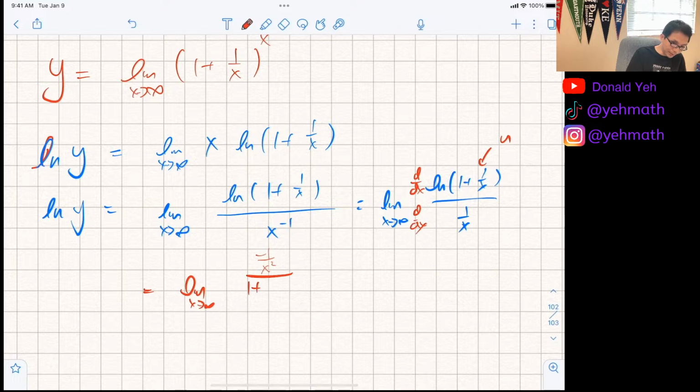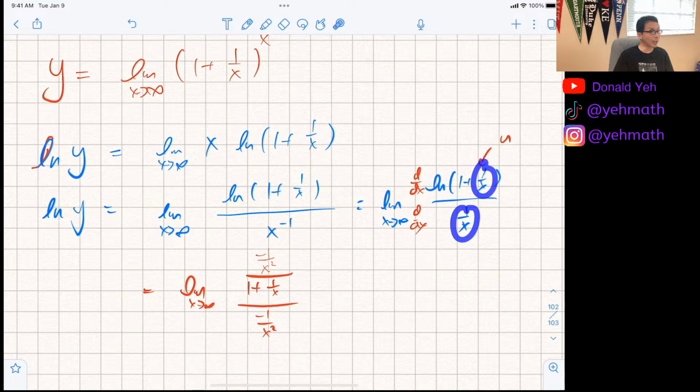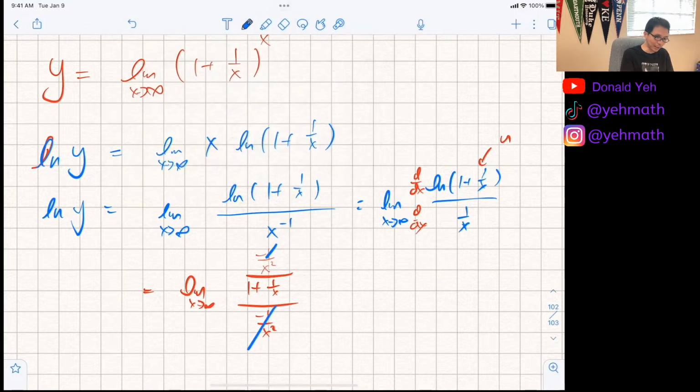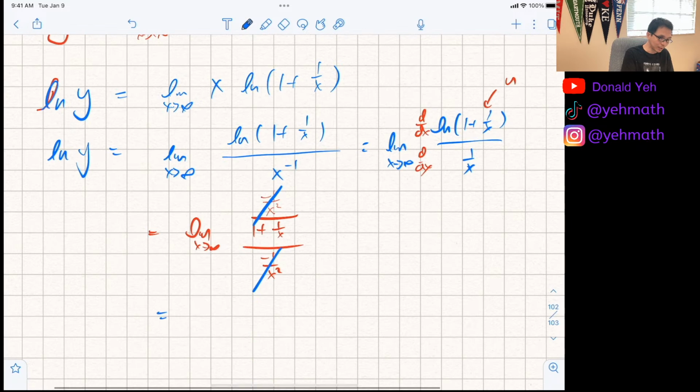Over 1 plus 1 over x, over negative 1 over x squared. Because the derivatives of the top and bottom are exactly identical. What happens if they're identical? Now you can keep, change, flip. This will cancel out exactly like that. It becomes the limit as x approaches infinity of 1 over 1 plus 1 over x.